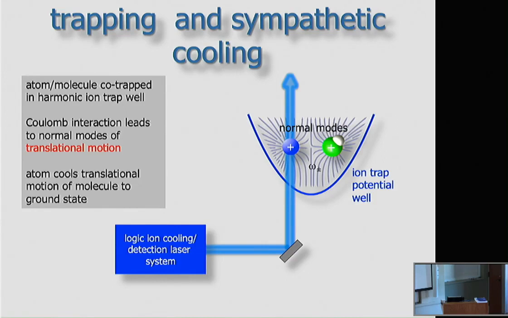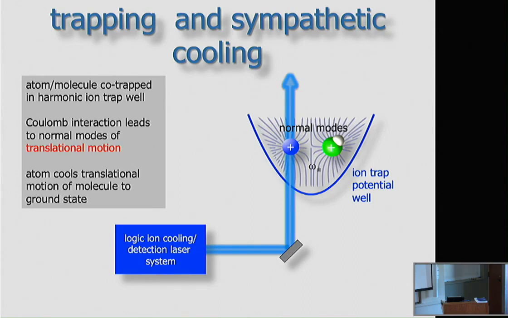And the nice thing about ions is that the Coulomb interaction makes them talk to each other all the time. So I can laser cool this logic ion, and by association I will cool the external motion, the translational motion of this molecule. However, the vibration and rotation of this molecule is very weakly coupled to this ion. So as far as vibration and rotation goes, it's almost like this guy is not even there, because it's a few microns away, and all the interactions here are rather weak.